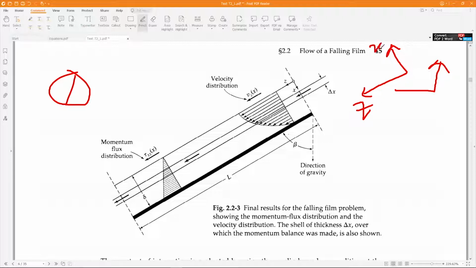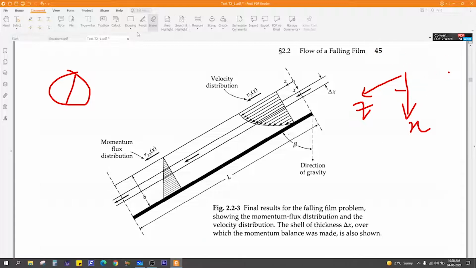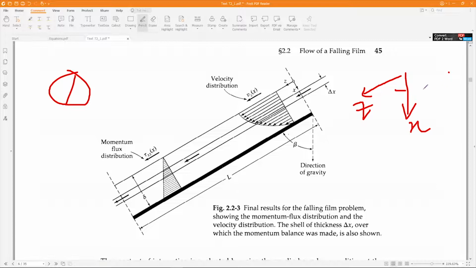We would have chosen x only, but because the fluid is exerting pressure in this direction, assume x in this direction. Using the right hand thumb rule, what will be the y direction? The y direction will be x cross y, so the y direction will be in this direction.